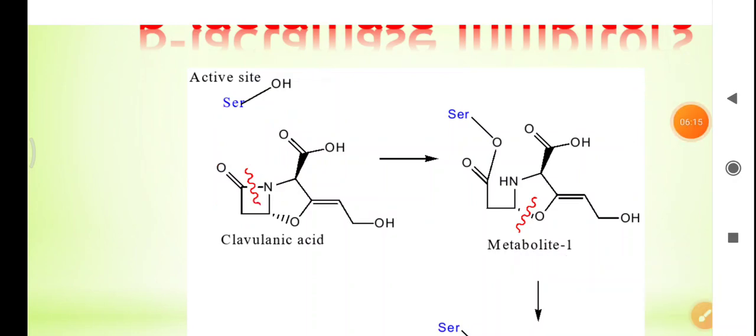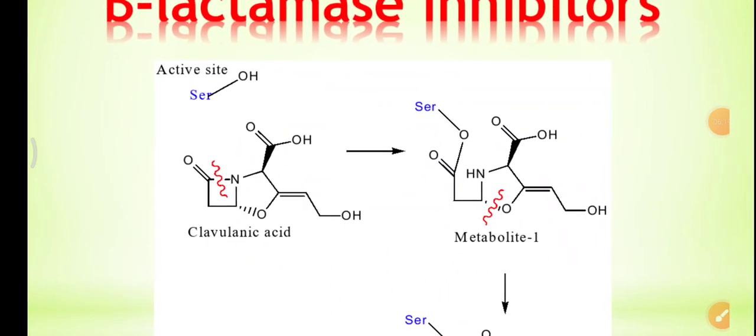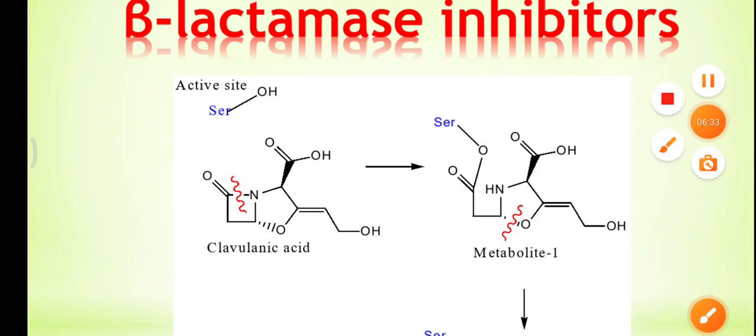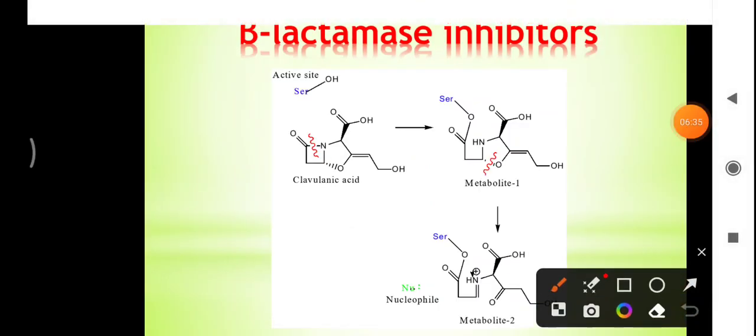This metabolite is attached to the active site of the enzyme at the serine residue, but this metabolite further undergoes cleavage to produce another metabolite, that is metabolite 2, and this metabolite 2 produces irreversible inhibition by cleaving the oxazole ring.